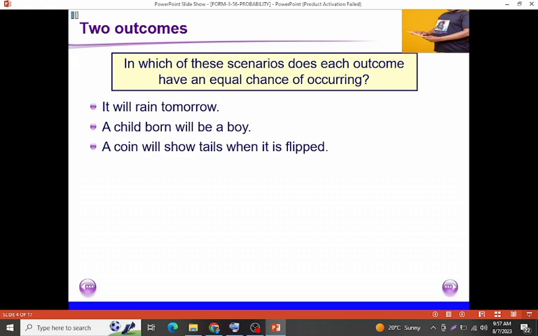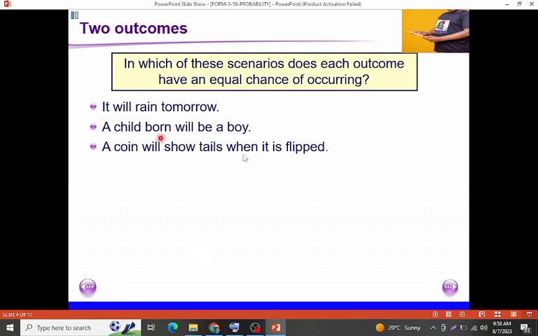Suppose you flip a coin, or toss a coin. A coin has 2 faces. It can either show heads or tails. Are these equal to each other? Alright. Is showing a head equal to showing a tail? That's what we mean here.